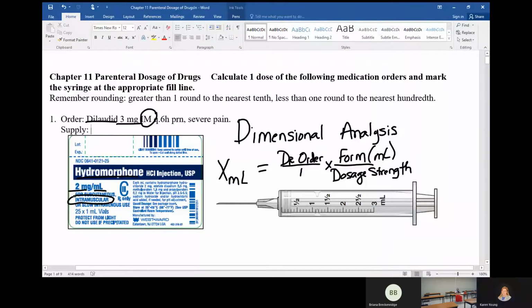With the injectables, we've got to check our medication labels to make sure that it's not just IV use only. Because there are some that are for IV use only, and you can't give them IM. And if there's some that's IM only, and you give it as an IV, it can cause major problems.